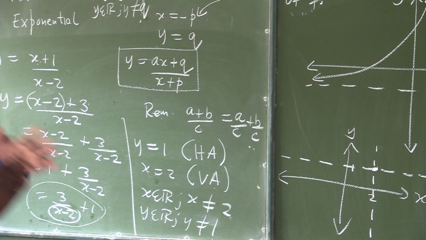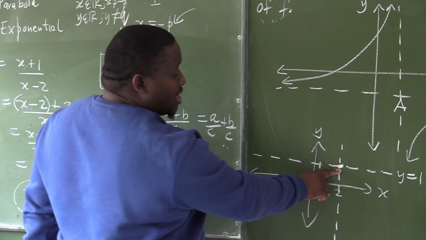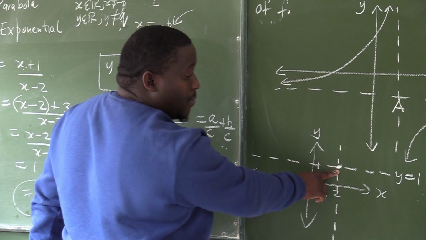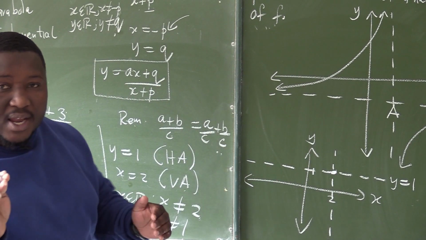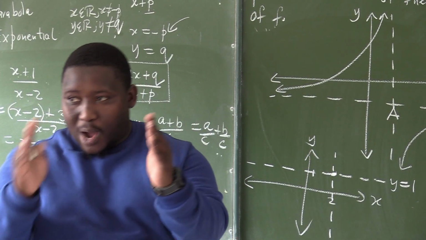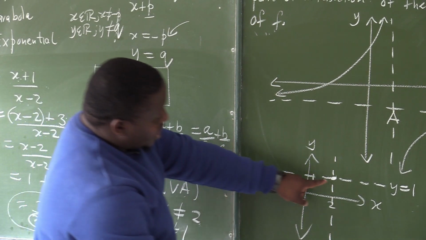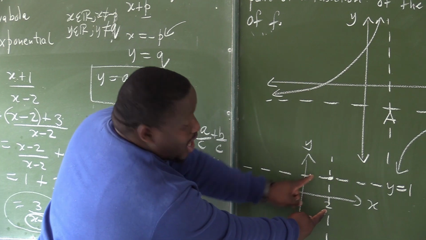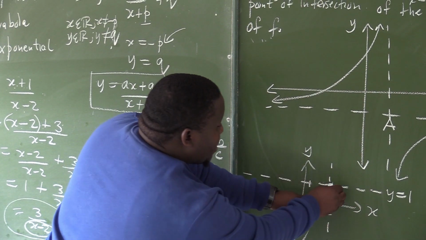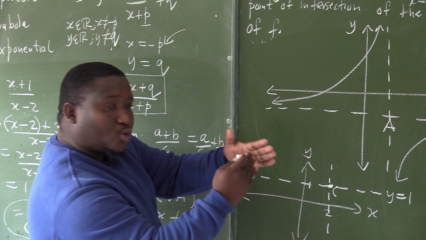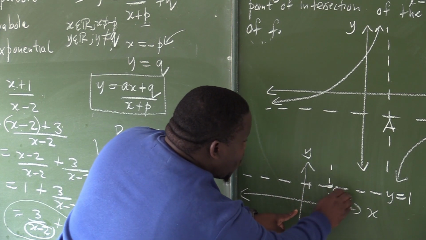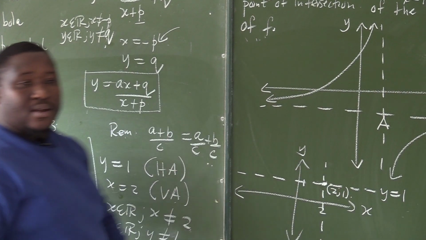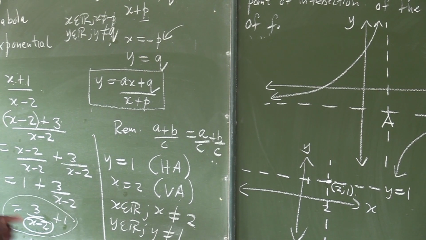Where they intersect, we have a point. What can you call this point? Remember, every time we write a coordinate, the coordinate is always x and then y. It means where they meet, x is 2 and y is 1. So this point where my asymptotes meet, I can call it 2 and 1. That is the coordinates of the asymptote intersection.